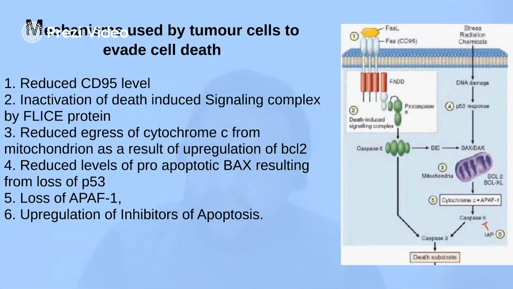Now, on number 4, they can reduce levels of pro-apoptotic BAX by loss of p53. If they can inhibit the p53 response, there is no BAX, which won't result in any cytochrome c being put out, and so on.